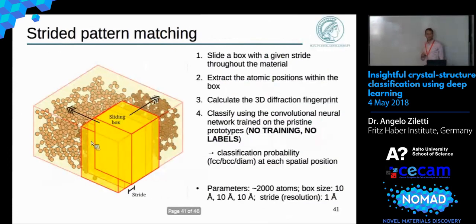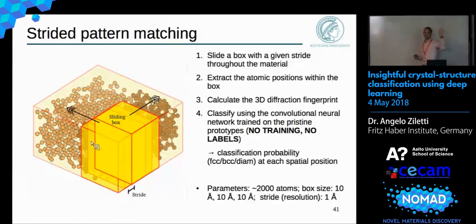But now we want to apply this neural network to the polycrystalline structure. So how do we do that? Because there's no label for the whole thing. So we propose something we call strided pattern matching. You have this defective structure, and you get the box, and you slide the box throughout the material. At each position of this box, you extract the atomic positions, you calculate the diffraction fingerprint.